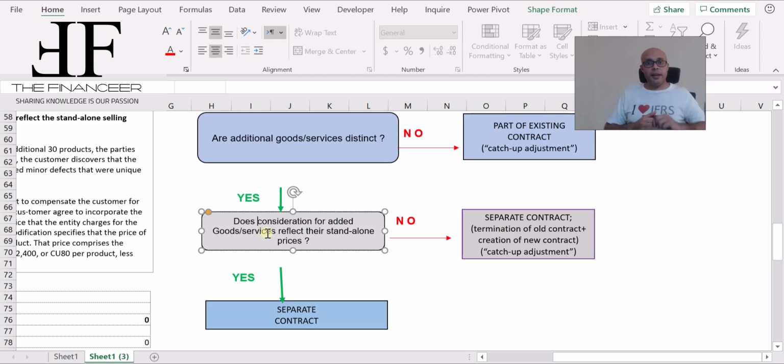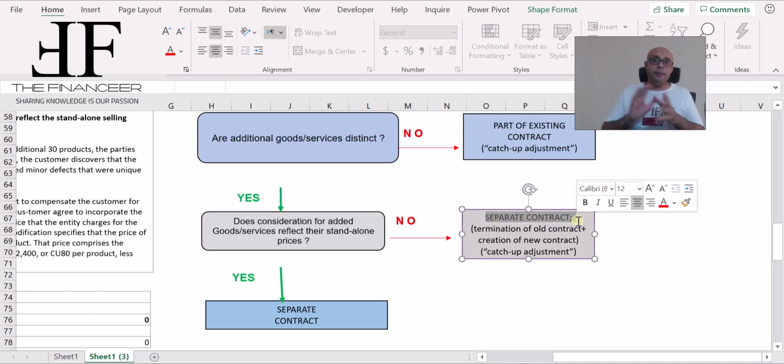This is not the same price that the company is selling to other customers. So the company gave the customer a special discount. That's why the price does not reflect the standalone selling price. So the answer for this question is no. So you have to terminate the remaining quantity of the old contract and initiate a new contract along with the new additional products.